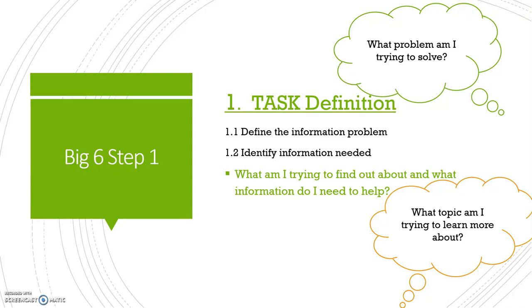You've been hearing it a lot in the news or in conversation, so you want to find out more. You may find out later, after you start investigating, that you need to narrow it down, and maybe focus on what the effects of climate change are, or what is causing icebergs to start to melt. So you start narrowing it down as you get through the process.